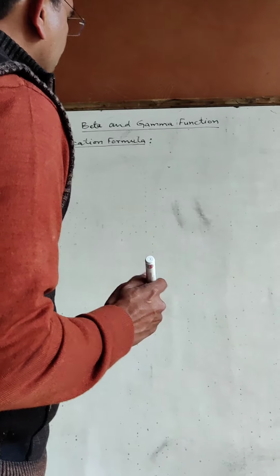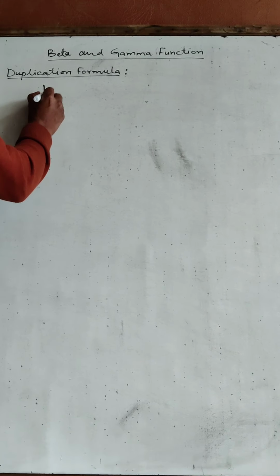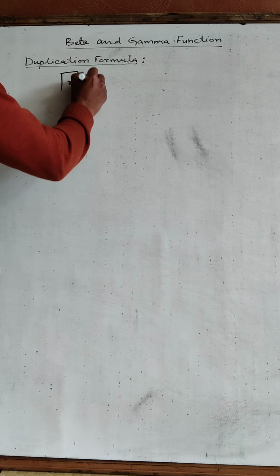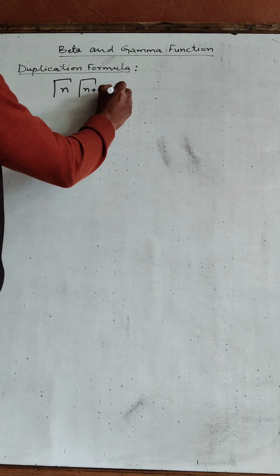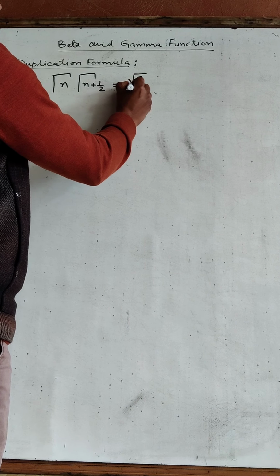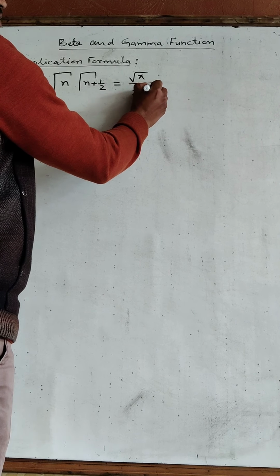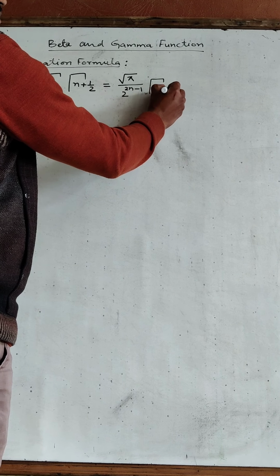Now what is the duplication formula? Duplication formula means gamma of n into gamma of n plus 1 by 2 is equal to root pi over 2 raised to the power 2n minus 1 into gamma of 2n.